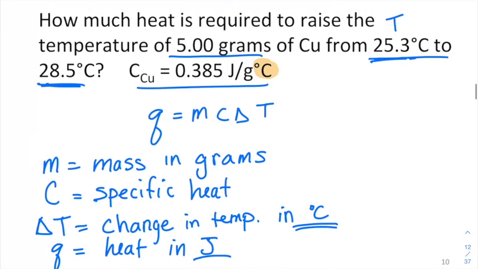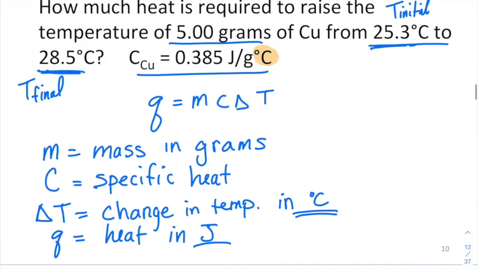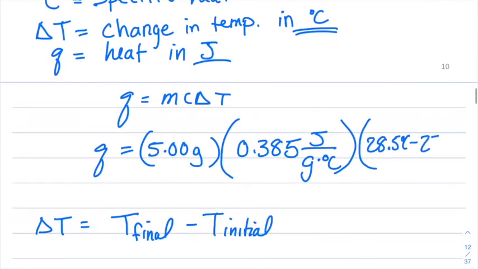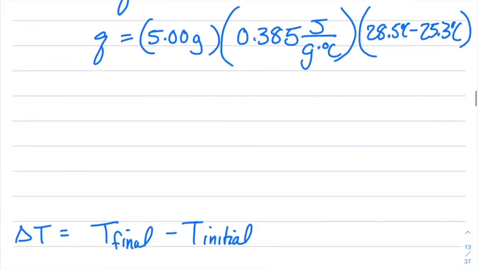I'm going to call that T initial. And then it's going to 28.5, and so this will be T final. So 28.5, and I'm going to subtract out 25.3. All right, so any questions on how we wrote out our equation?